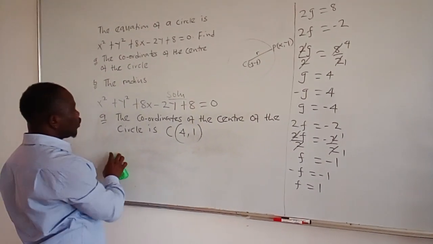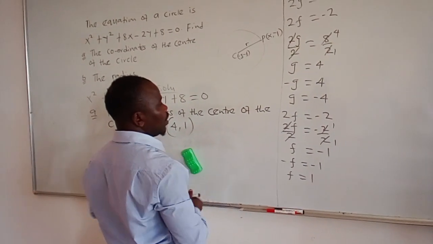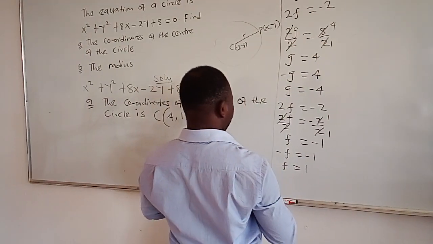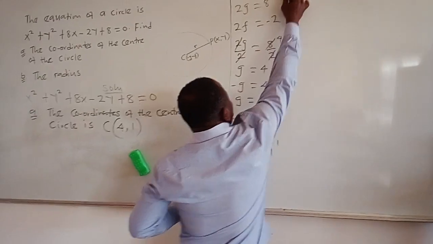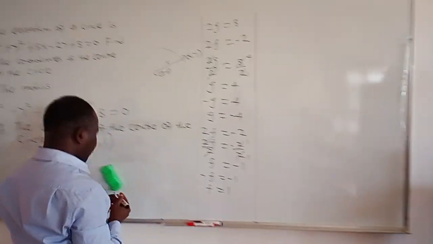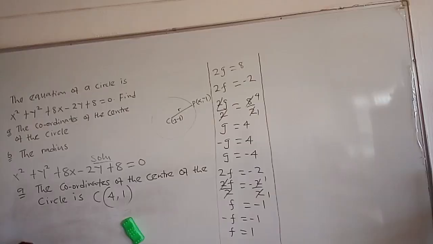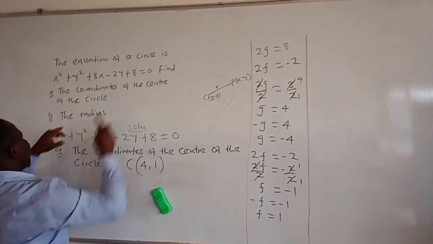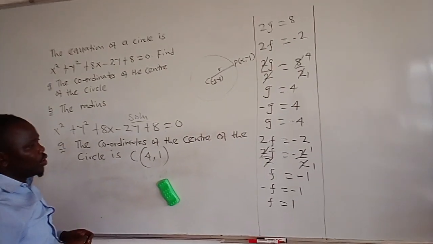Okay. So if you agree with me, let us look at the B part of the question. The B part of the question says, find the radius.